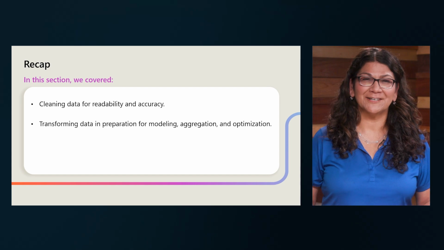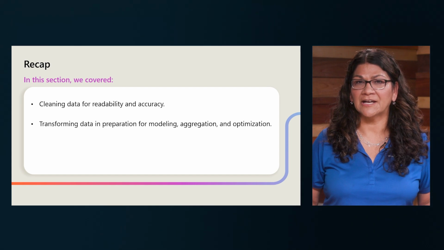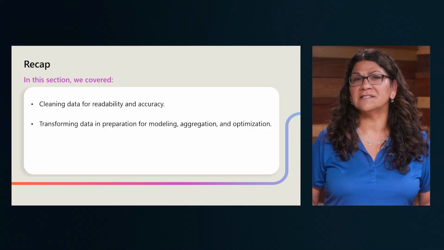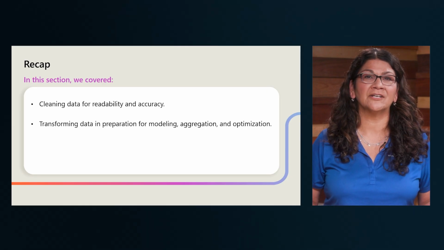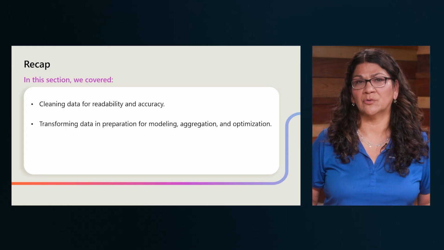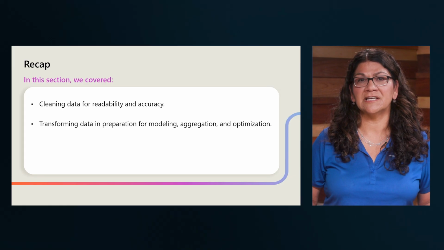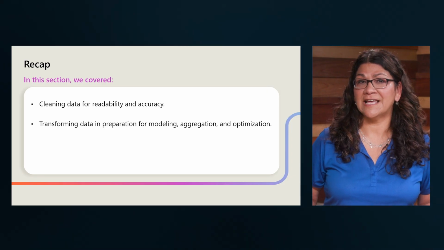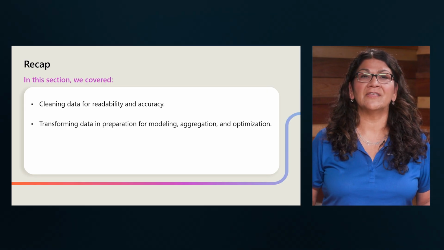To recap this section, we talked about how to clean data for readability and accuracy, which can be truly overwhelming, but a necessary process in making certain our reports and dashboards tell the accurate organizational story. This is the transformation phase of the ETL process, also known as how to shape your data in preparation for modeling and calculations, and then report and dashboard creation to come.